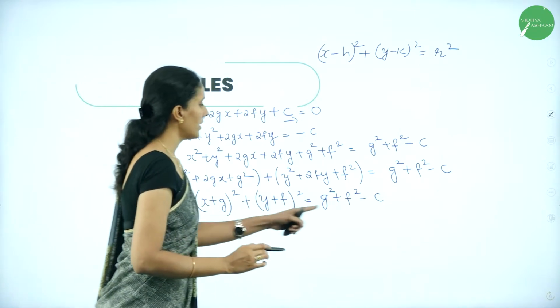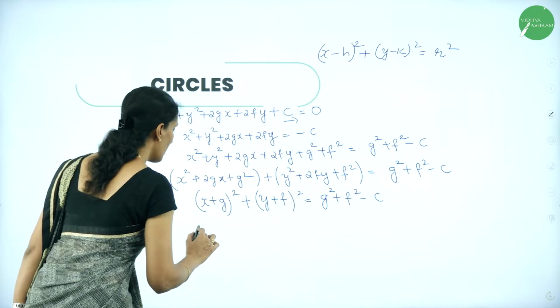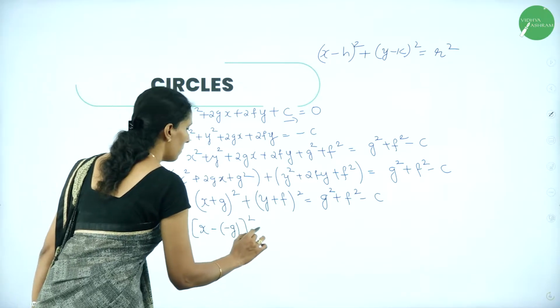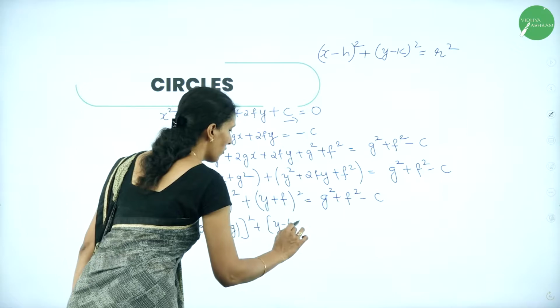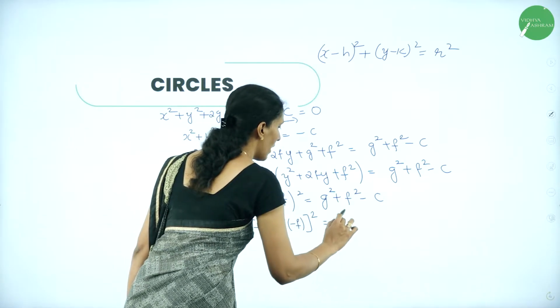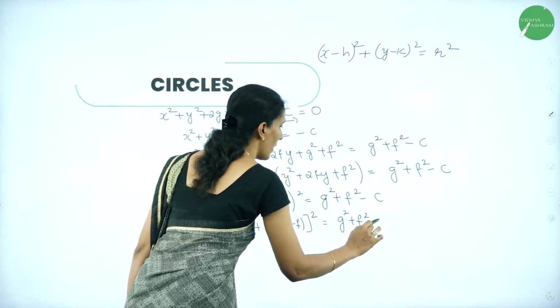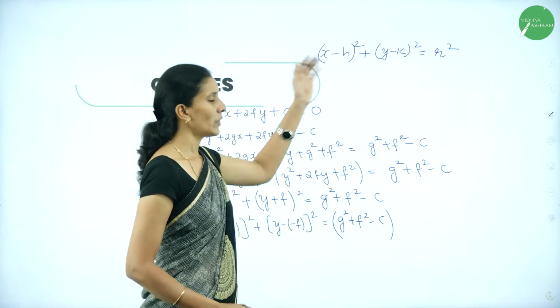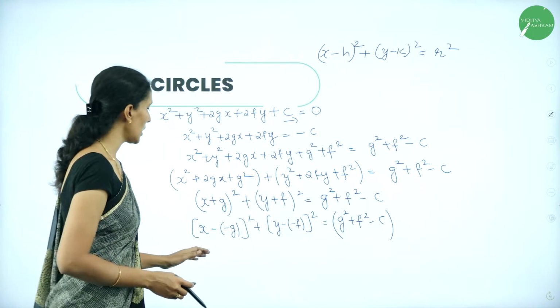Now write this in this form. So this becomes x minus of minus g whole square plus y minus of minus f whole square is equal to g square plus f square minus c. Now you can compare the equation with center h comma k to this equation.